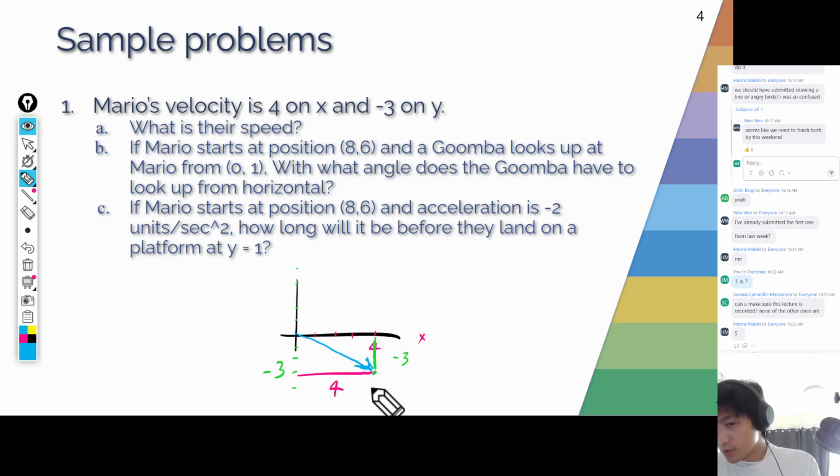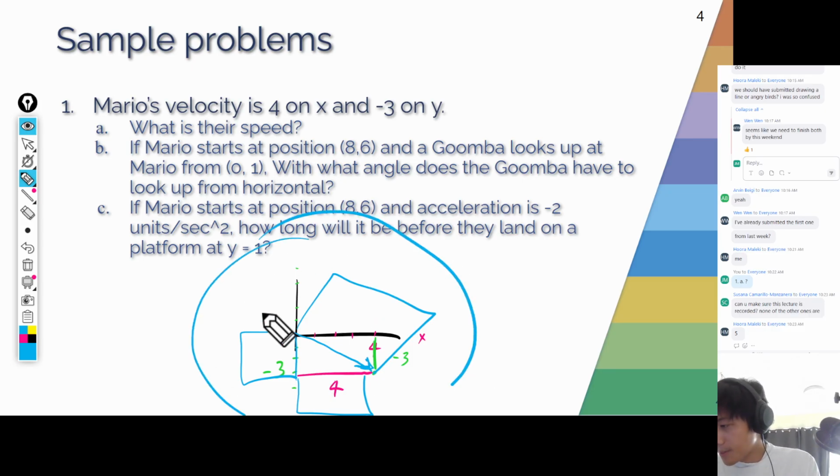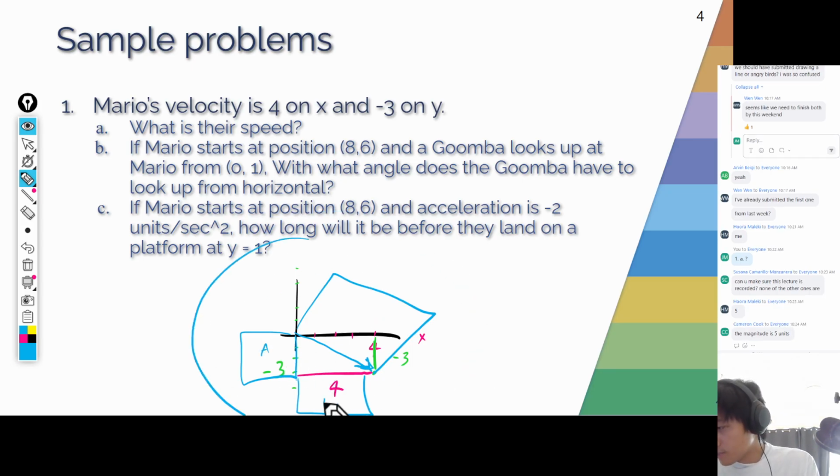And we know the lengths of two of the sides. As it happens, we know the length of the two shortest sides, not the longest side. You could make a triangle with these three sides, where this is A, this is B, and this is C.